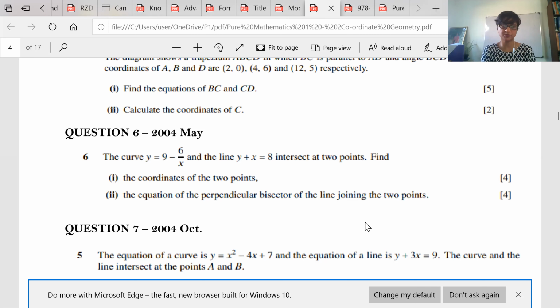And the line, surely you know that is a line, y plus x equals 8. And they say they intersect at 2 points. Find the coordinates of the 2 points. That's pretty easy. You take the 2 equations just like before and solve them simultaneously. You would get 2 pairs of solutions. So, did you all get part 1?